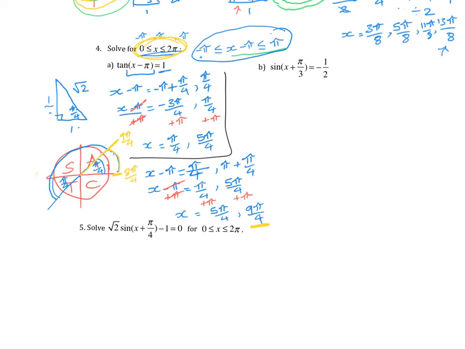So what's an equivalent angle within the domain of 0 to 2 pi that sits in the same position as 9 pi on 4? Well, that would just be the original pi on 4. So now we can replace the 9 pi on 4 with just pi on 4 because it's the equivalent angle in the appropriate domain.